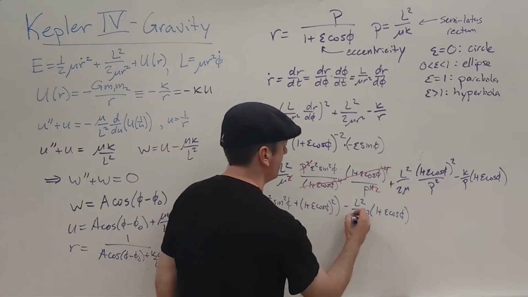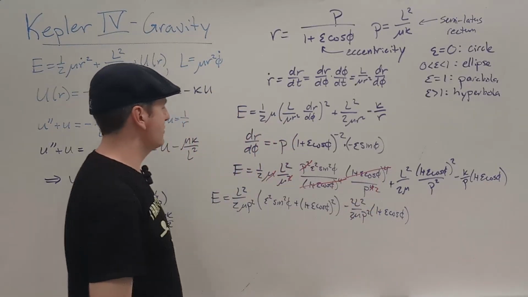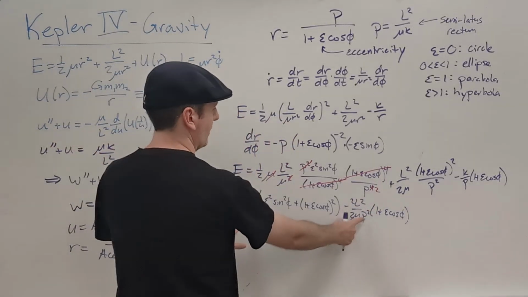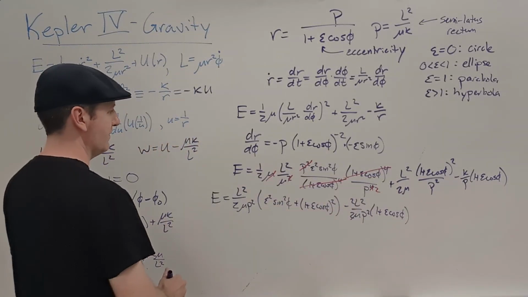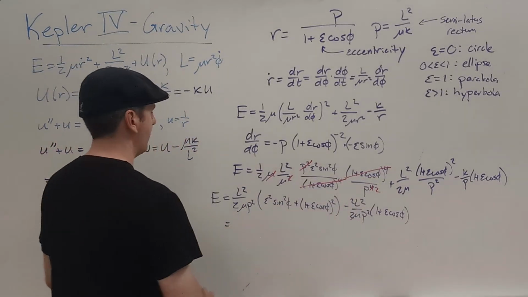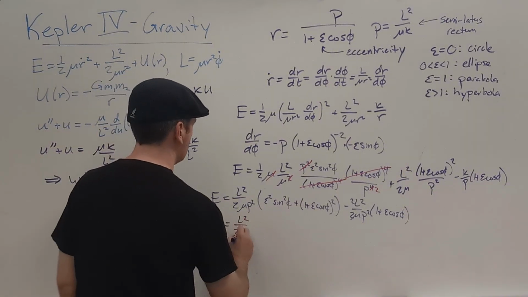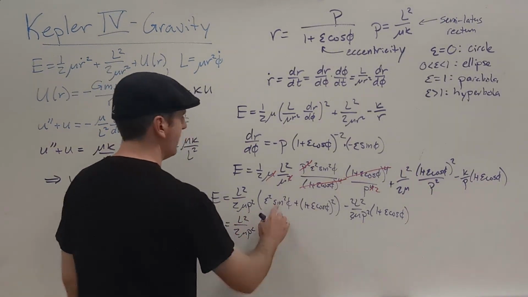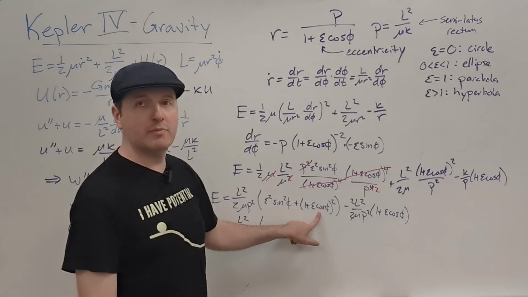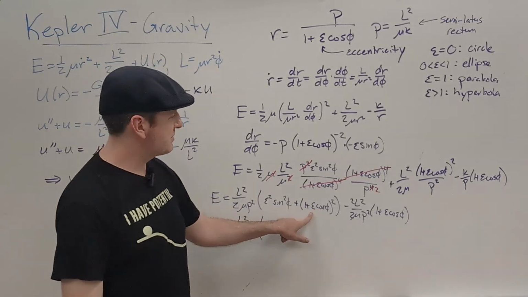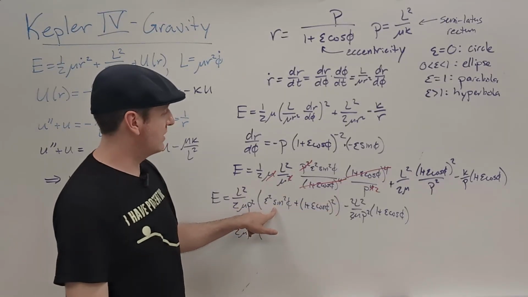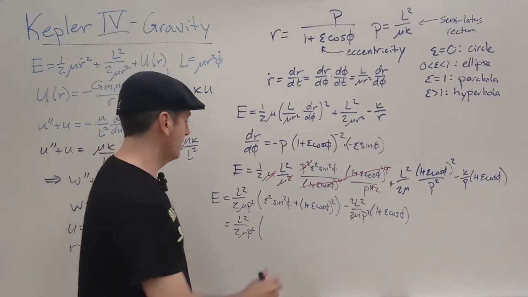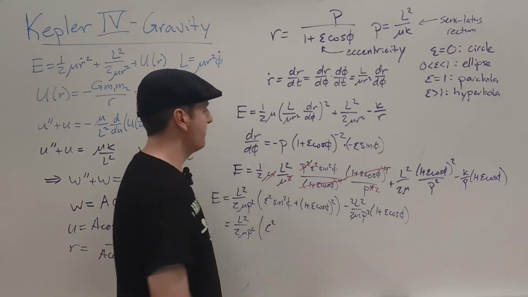I'm going to go ahead and multiply and divide this term by 2. The whole thing out front can be, again, brought together. I'll have an L squared over 2 mu p squared. When I expand out this binomial squared, I'll end up with an epsilon squared cosine squared plus an epsilon squared sine squared, which will just give me an epsilon squared.